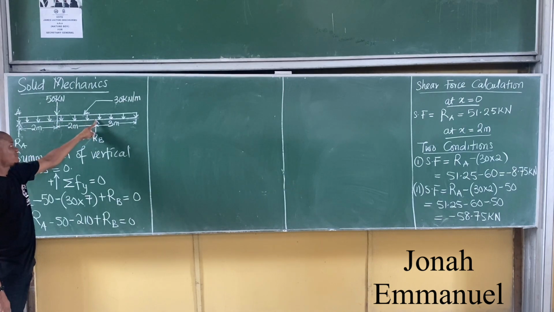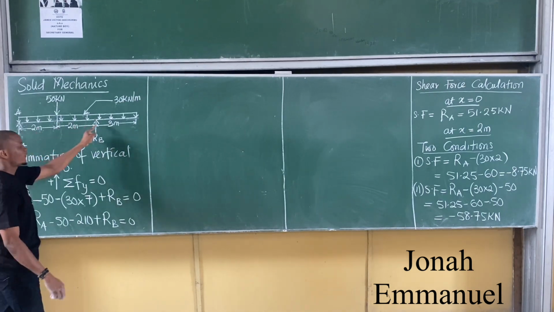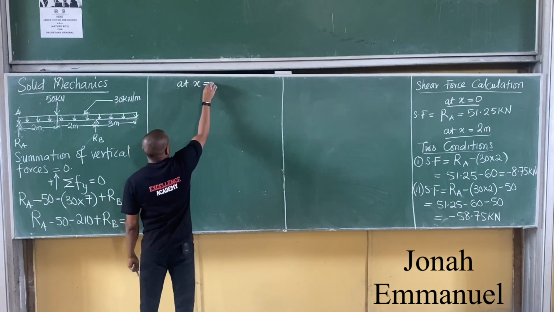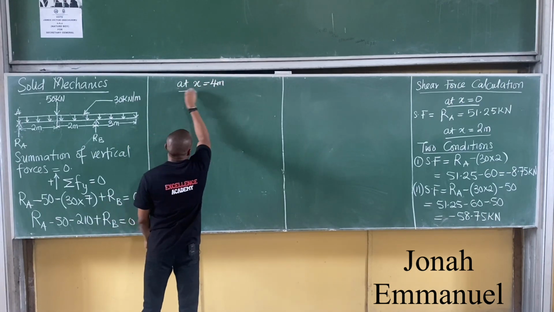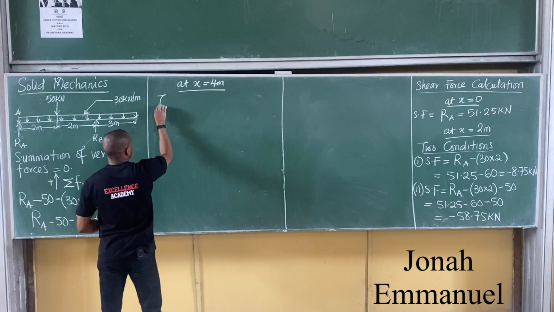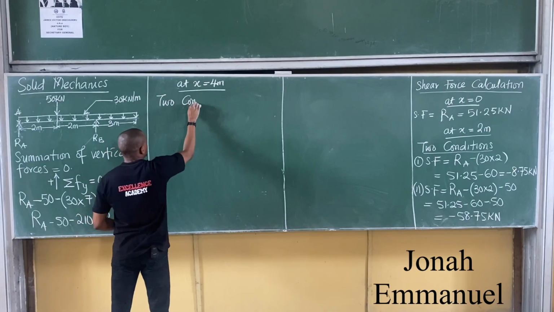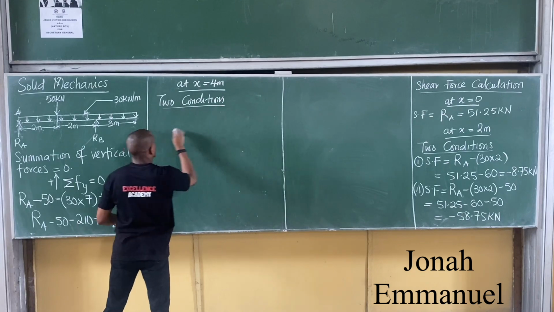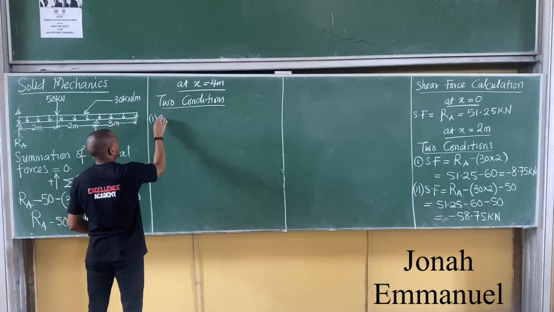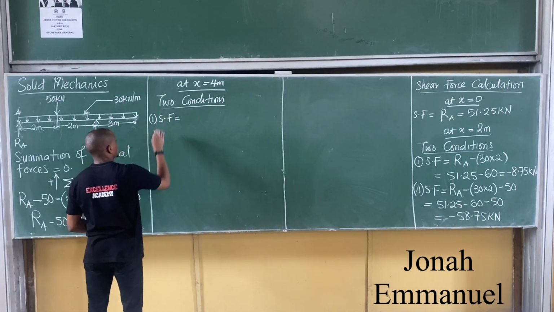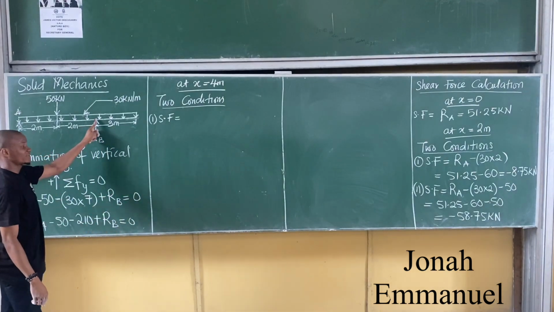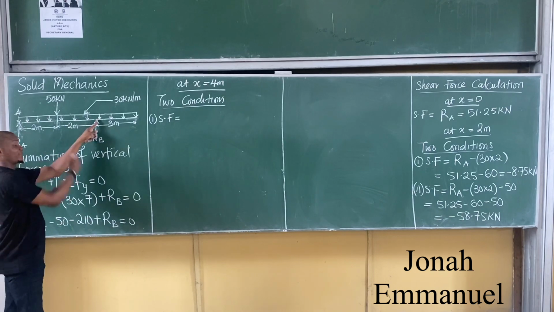Next up, this point, at x equal to 4 meters. Obviously, there will be two conditions, since there's a point load there. Condition 1, we said shear force is equal to all the forces before that point. Now, here's my point. Look at the desk, please.